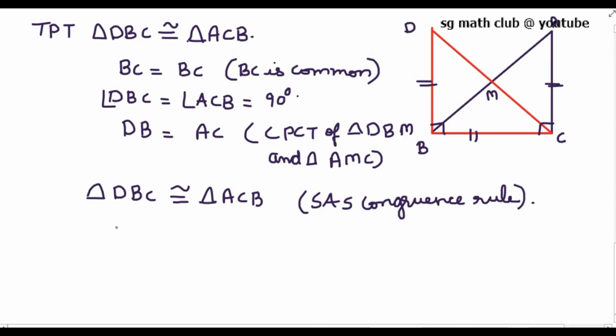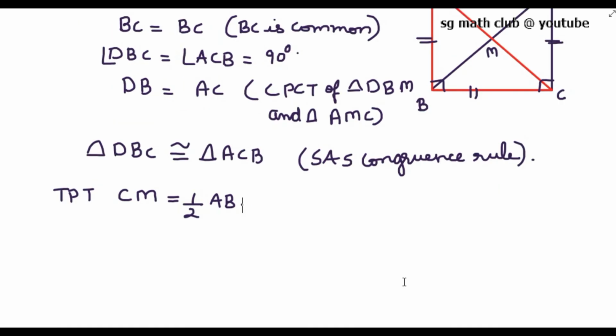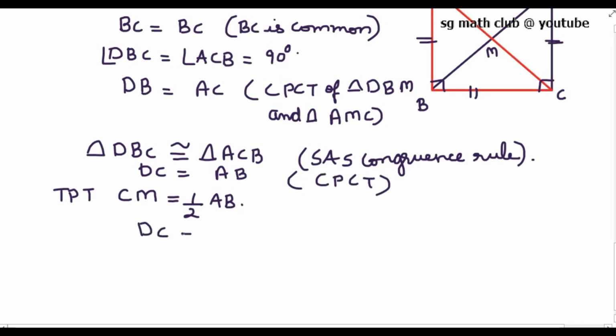Again, last one more part they have given. We need to prove that CM is equal to half of AB. So, since these two triangles are congruent, I can write DC equal to AB, corresponding parts of the congruent triangles.